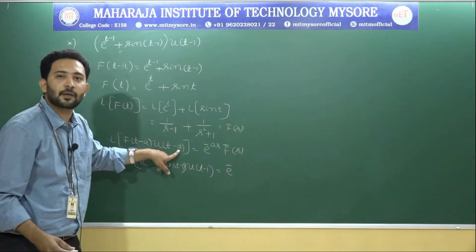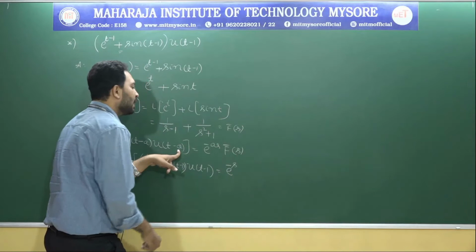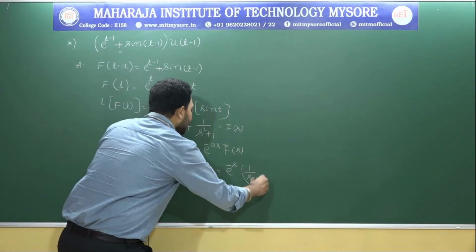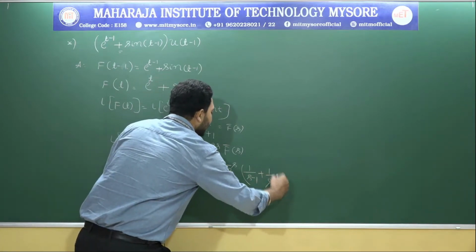In the place of a we have 1, so replace a by 1. It is e power minus s into f bar s. What is f bar s? It is 1 over s minus 1 plus 1 over s square plus 1.